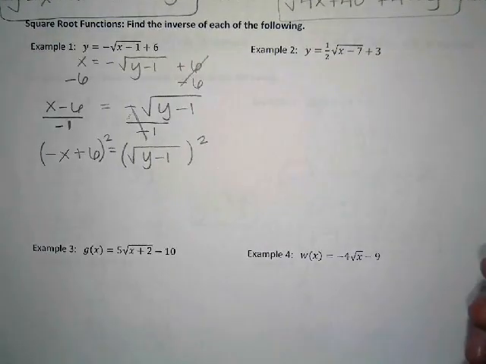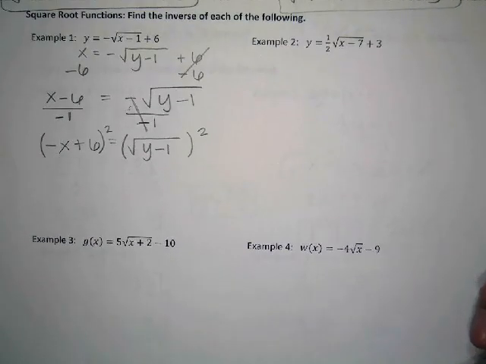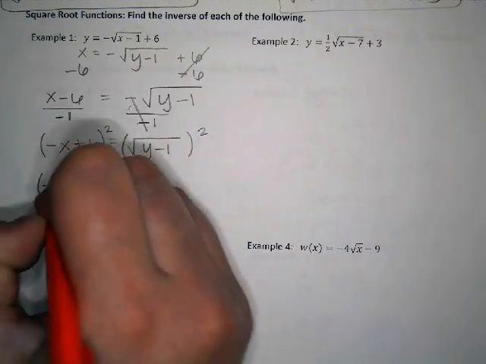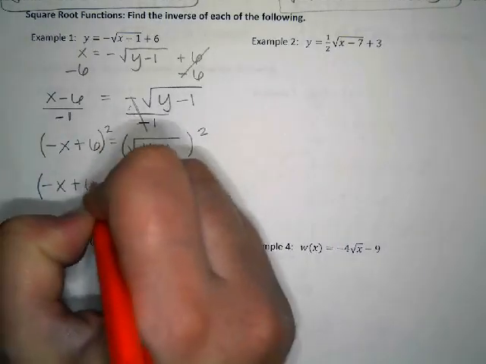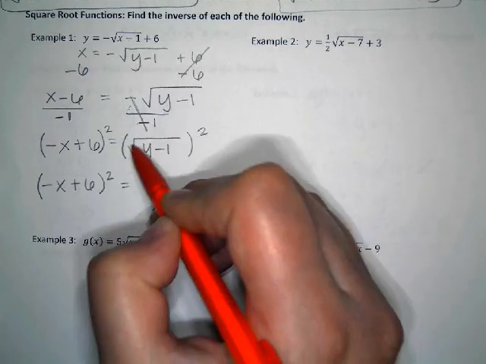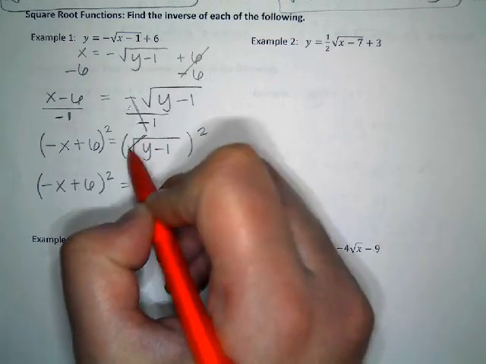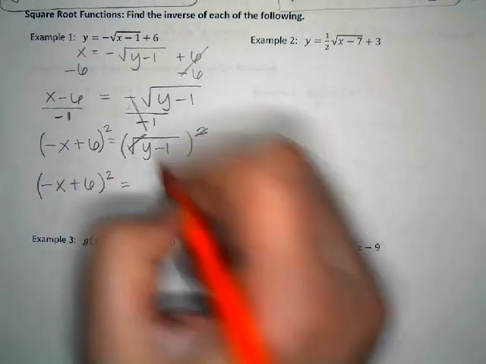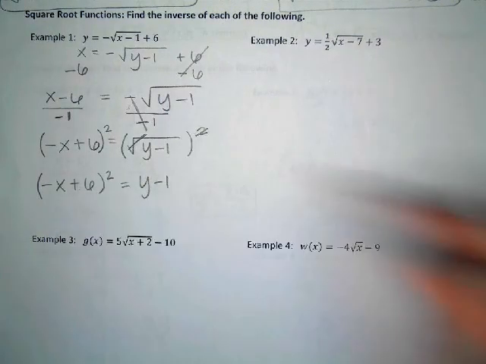Equals y minus 1, and then you're going to add 1. So the squared and the square root, those cancel each other out. And we get y minus 1. And then you add 1.